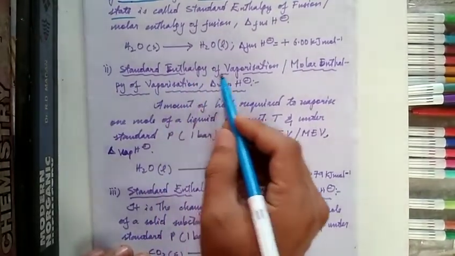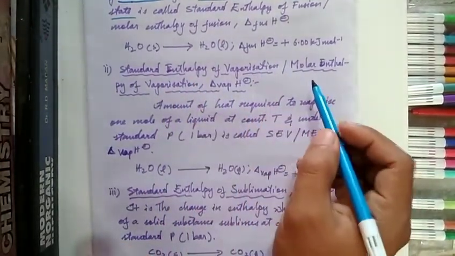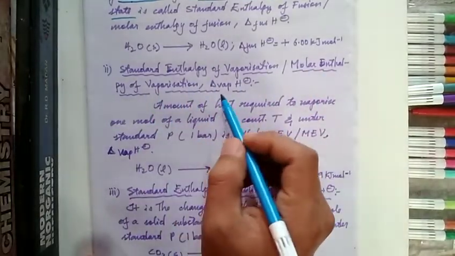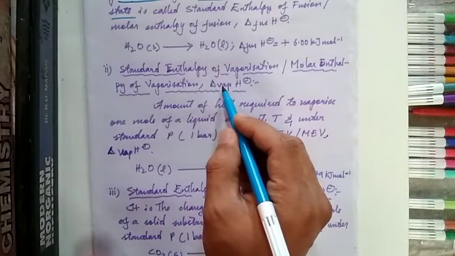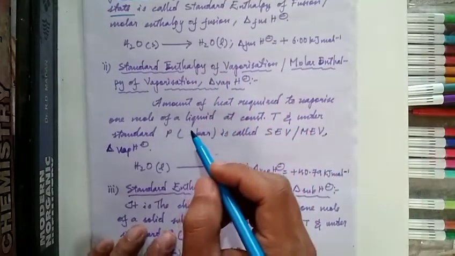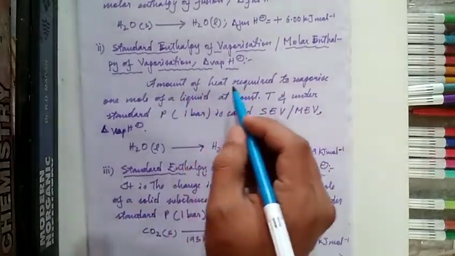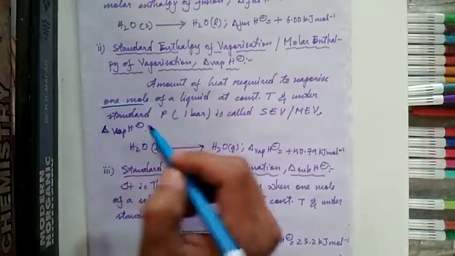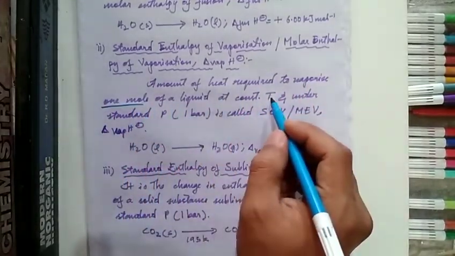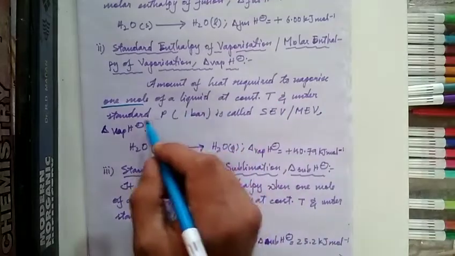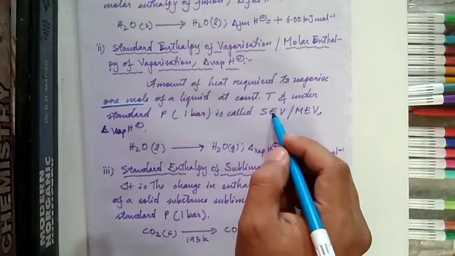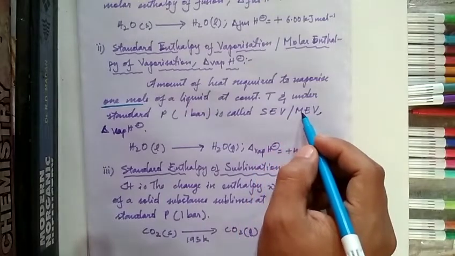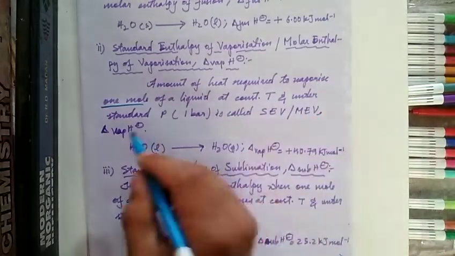Now standard enthalpy of vaporization, or molar enthalpy of vaporization. The symbol is ΔvapH°. So in this case, the amount of heat required to vaporize 1 mole of a liquid at constant temperature and under standard pressure, that means 1 bar, is called standard enthalpy of vaporization or molar enthalpy of vaporization.